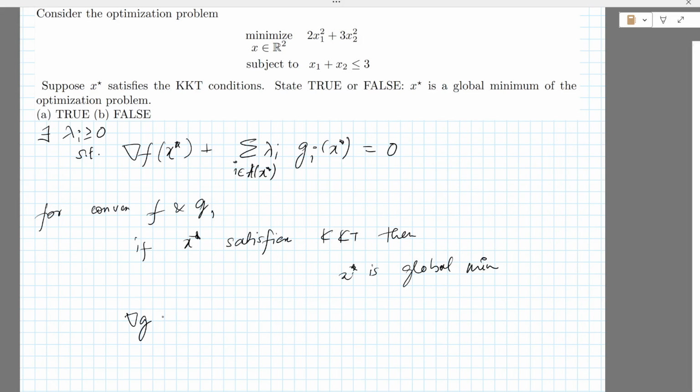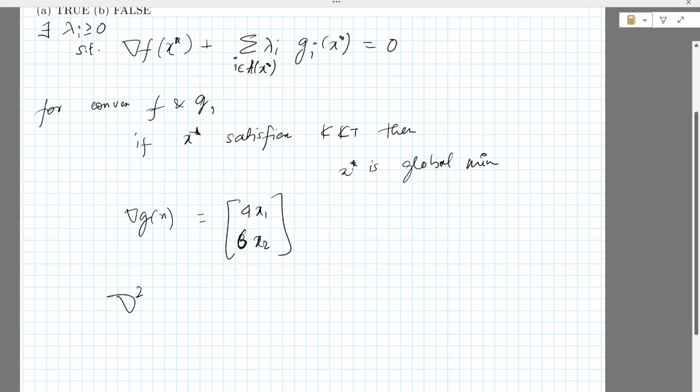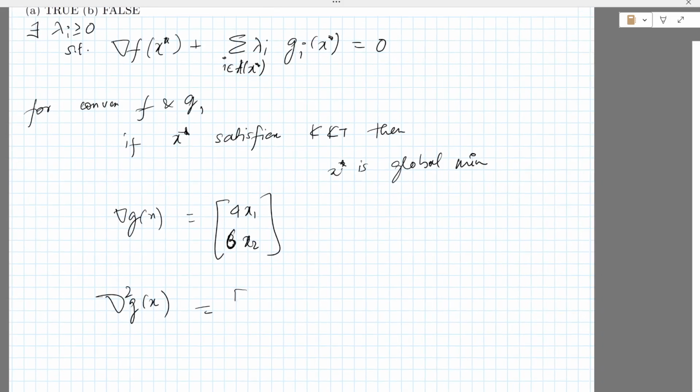If I look at the gradient, it is 4x1 and 6x2, and the Hessian is the matrix with 4 and 6 on the diagonal.